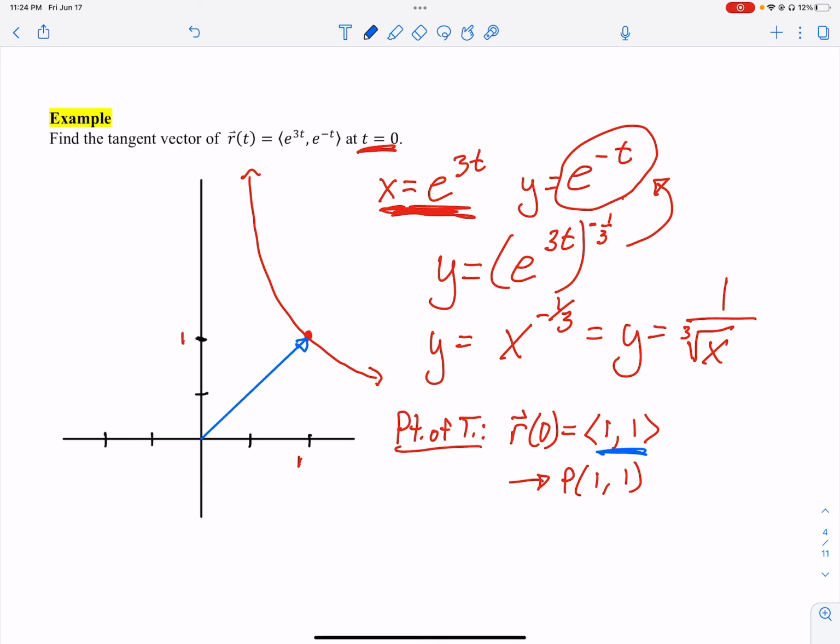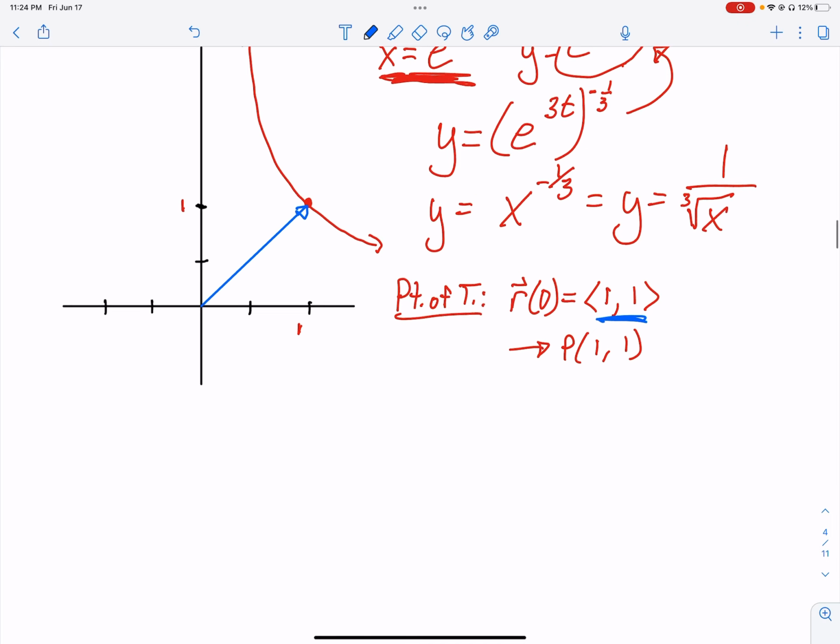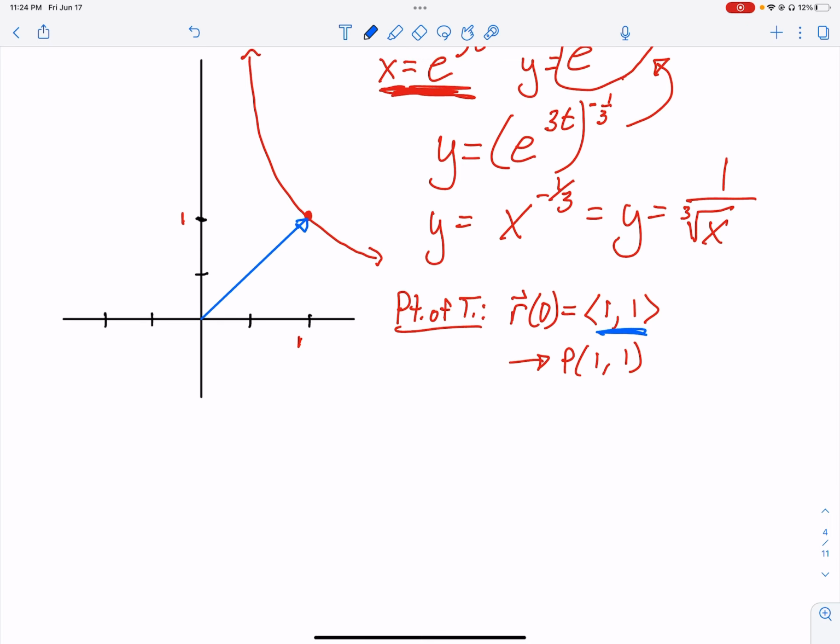So there's my vector, and then they want us to find the tangent vector. Let's do this in green, and then I'll graph it in green too. Tangent vector. This will tell us the orientation of our graph. How I find a tangent vector is just r prime of t.